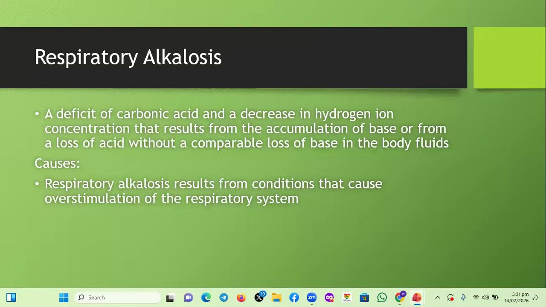Yes, it's clear. So when the client is trying to hyperventilate to get rid of the excess carbon dioxide, is that when they give them a bag to breathe in and out of? We are now coming to talk about that. That is an intervention for respiratory alkalosis, the paper bag. The paper bag comes in when a person has gotten rid of excess carbon dioxide and needs to retain carbon dioxide.